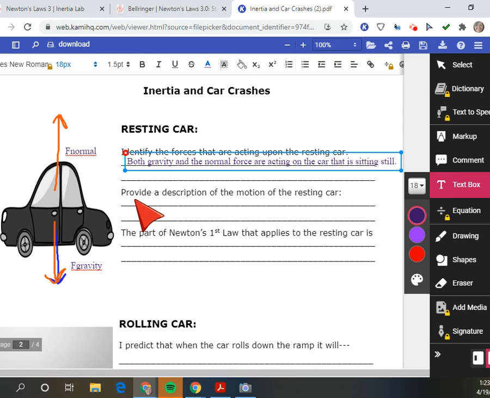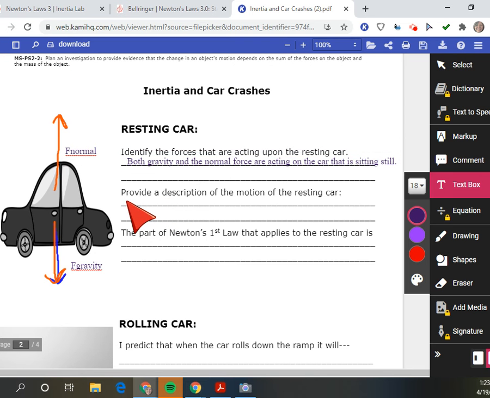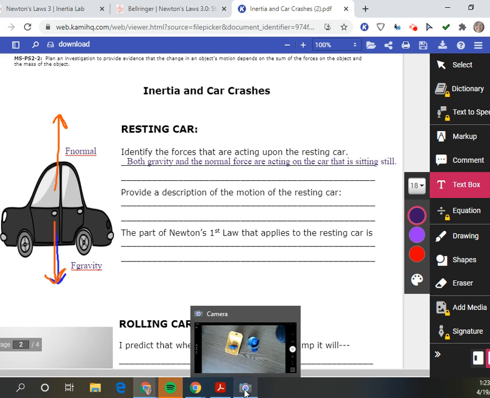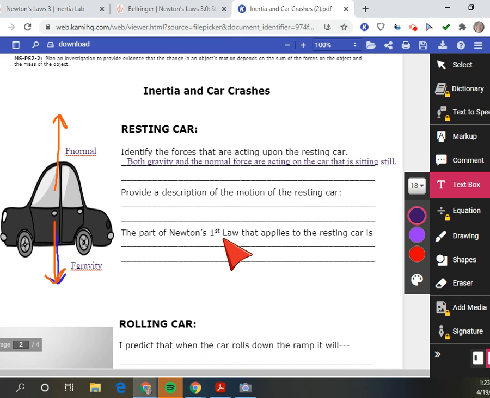Now this one seems pretty obvious, but provide a description of the motion of the resting car. Still in the same place. So it's still. And then the part of Newton's first law that applies to the resting car. I'll let you think about that for a second, and then we'll discuss.